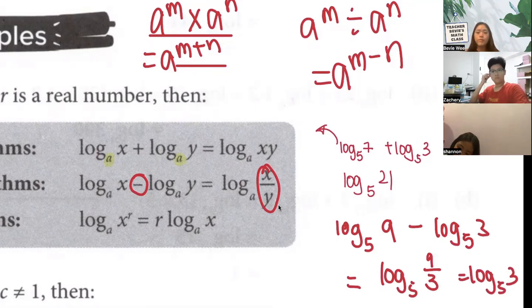So these are the 3 very, very important rules together with your 2 special properties. Log 5, 5 equals 1. Log 5, 1 equals 0.